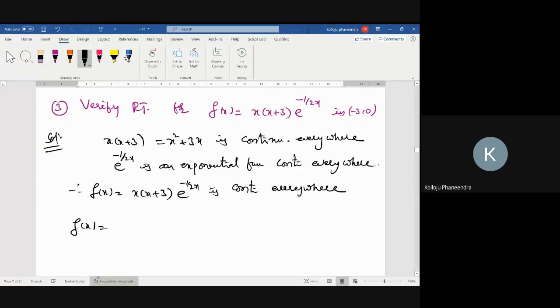f of x equal to x square plus 3x into e to the power of minus 1 by 2x.